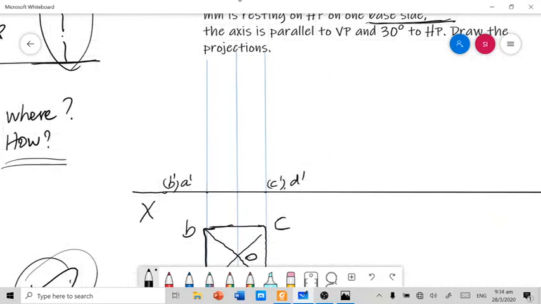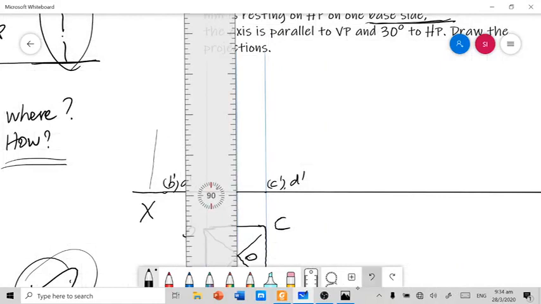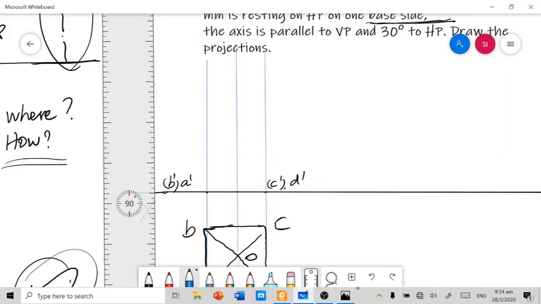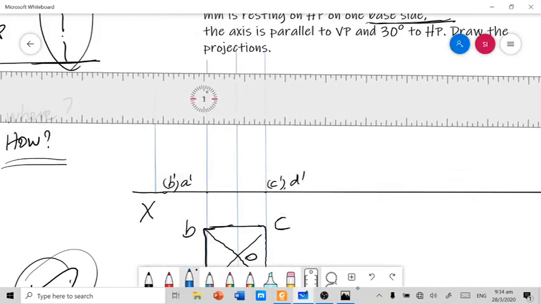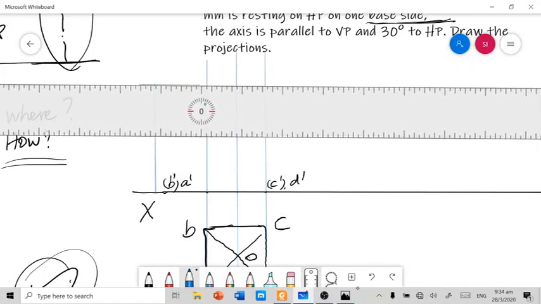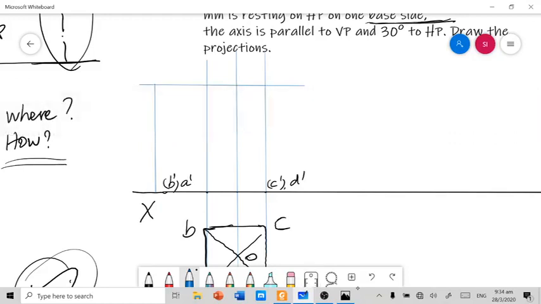So from the base I need to draw a dimension line with the height of 65 mm, in order to locate the apex point in the front view.